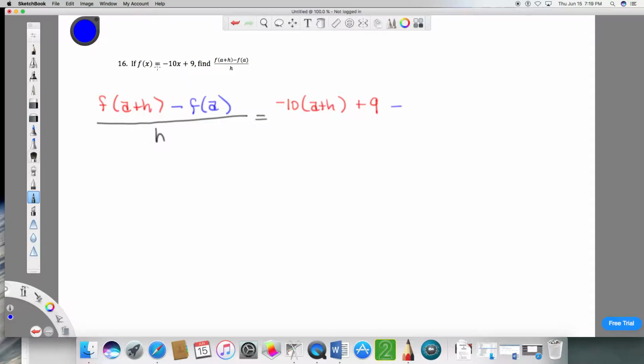When f is evaluated at a, we're getting a binomial, and we have to subtract that whole thing. So everywhere I see an x, I replace it with a. And I'm subtracting both terms. So I need parentheses around that binomial.